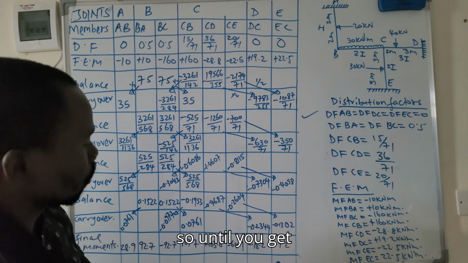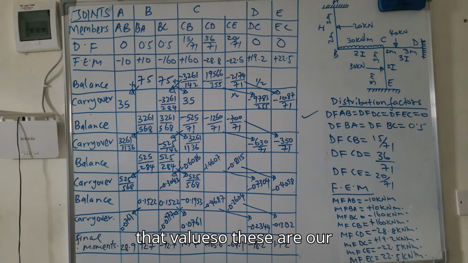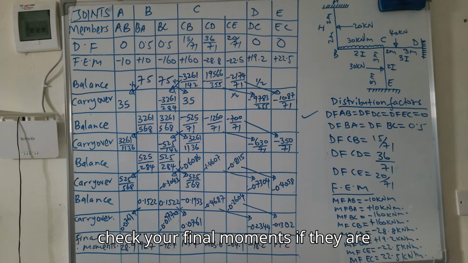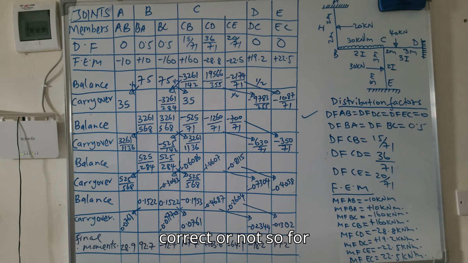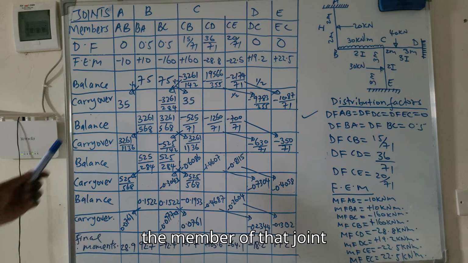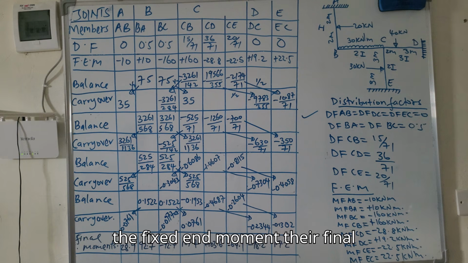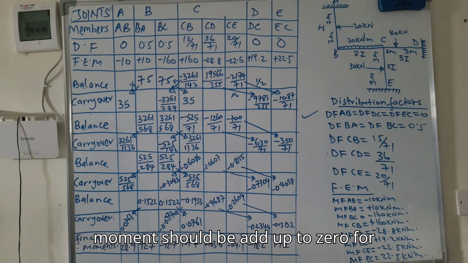So until you get that value. These are our final moments. You can check your final moments if they are correct or not. For a joint to be in balance, the final moments of the members of that joint should add up to 0.